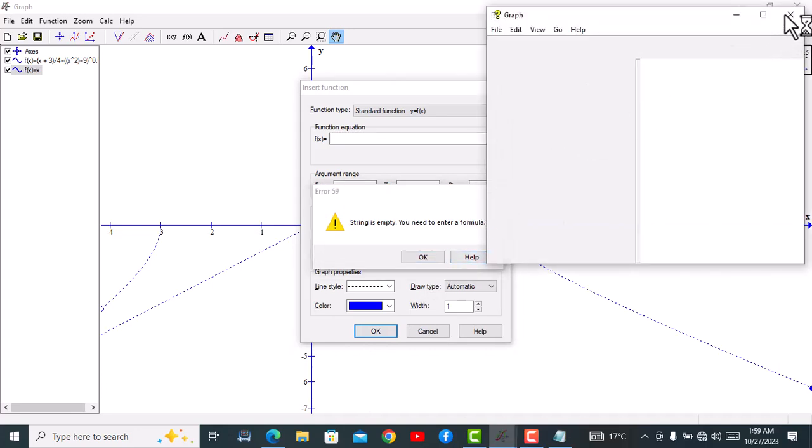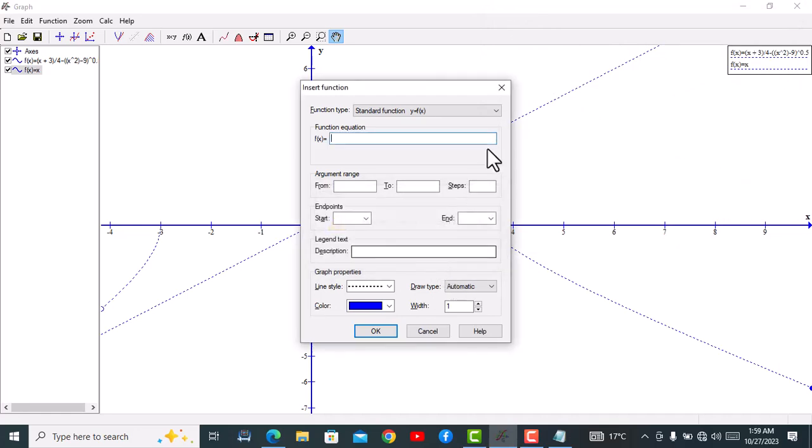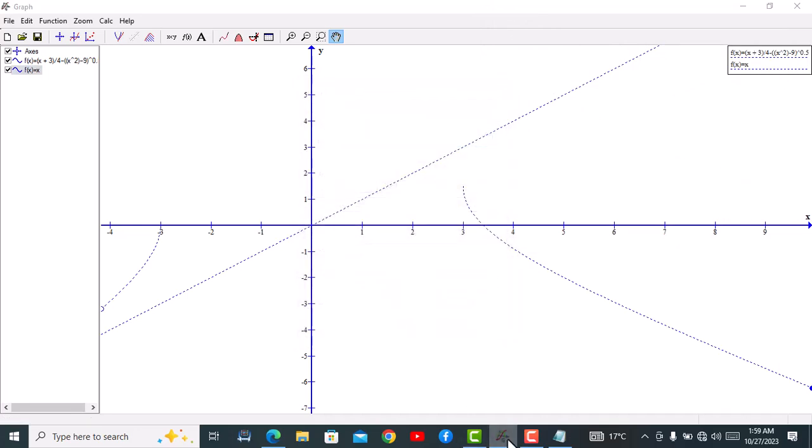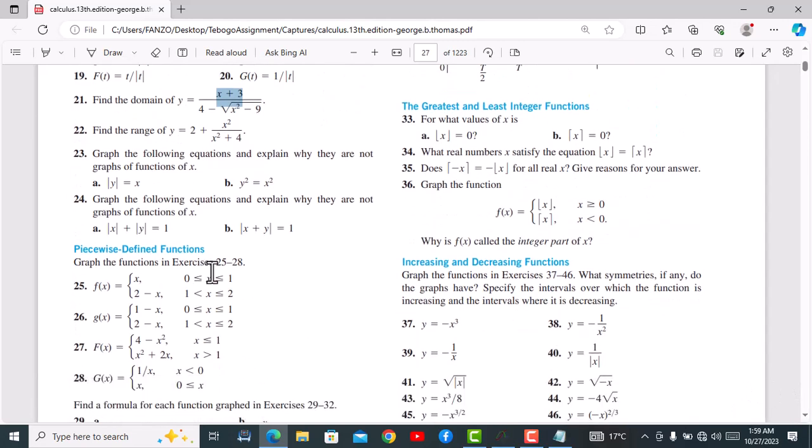Sorry, let me just close that. So I think we will also solve this one on the next tutorial. Let's just leave it as it is for now. Even these ones, let's just leave them, and then we can go to piecewise defined functions.